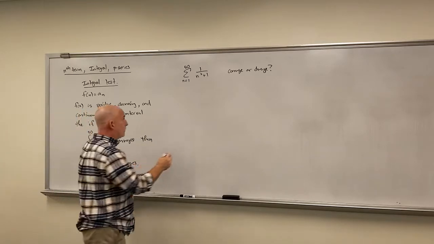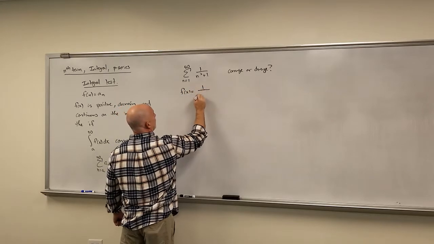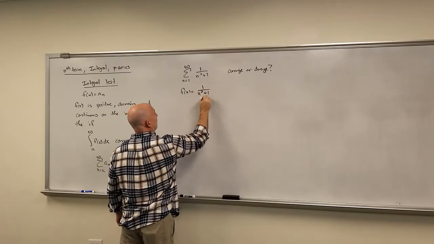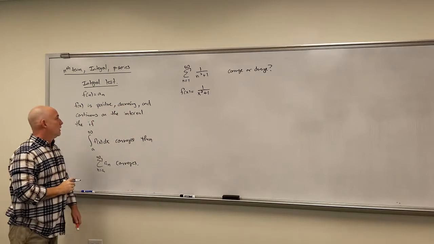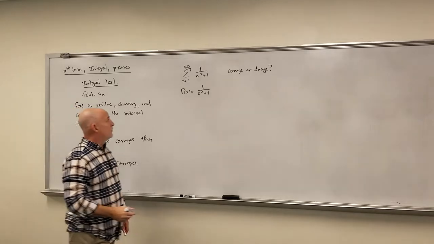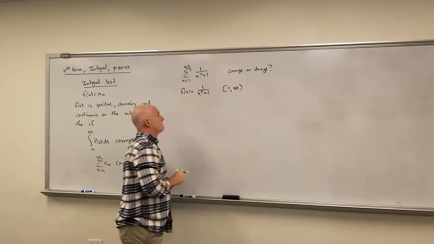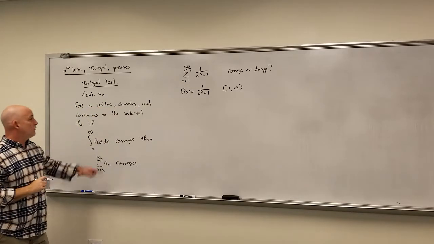So here's what we're going to do. We're going to let f of x equal 1 over x squared plus 1. Now here's kind of the tricky spot. Now remember, we're looking for this on the interval from 1 to infinity.